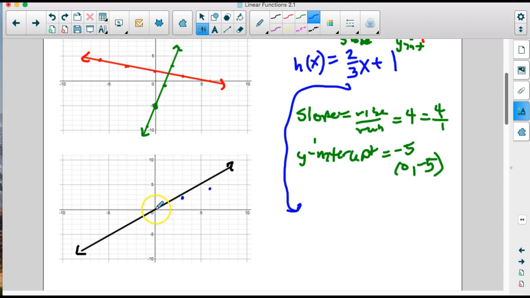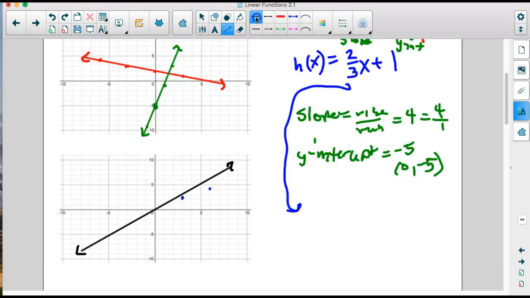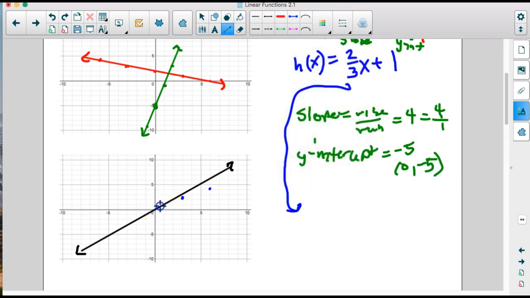Okay, so the line would be transformed in this way and go through those points there.